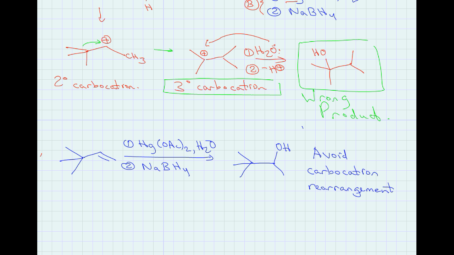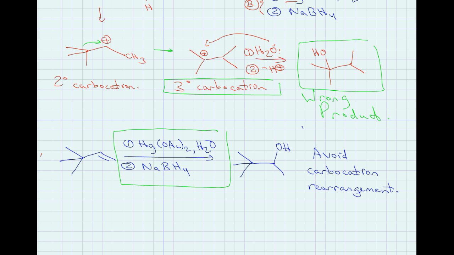And this is something you're going to have to recognize. You're going to have to understand when you would choose dilute sulfuric acid, and when you would choose oxymercuration, demercuration as the way to add across a double bond to generate an alcohol and do this Markovnikov addition.